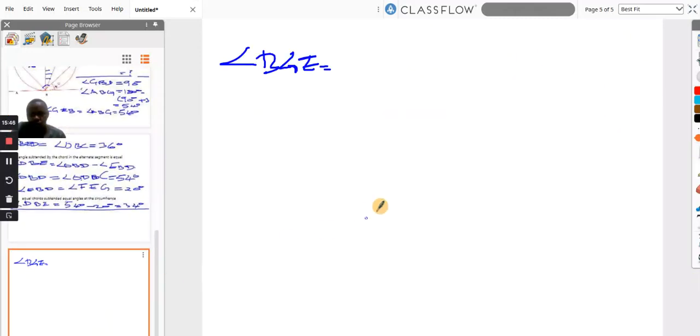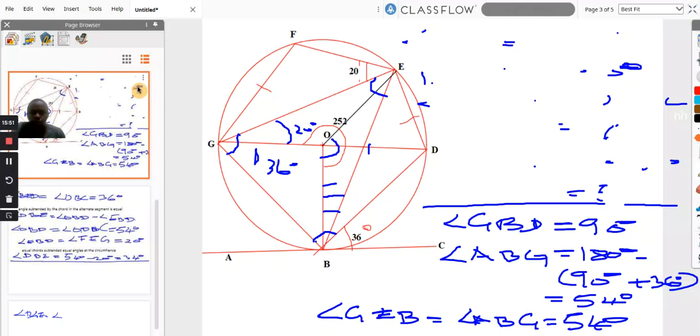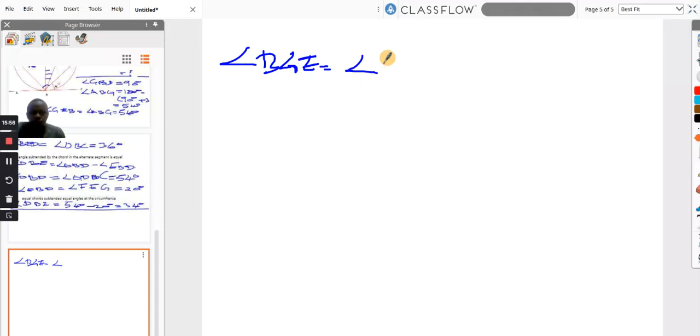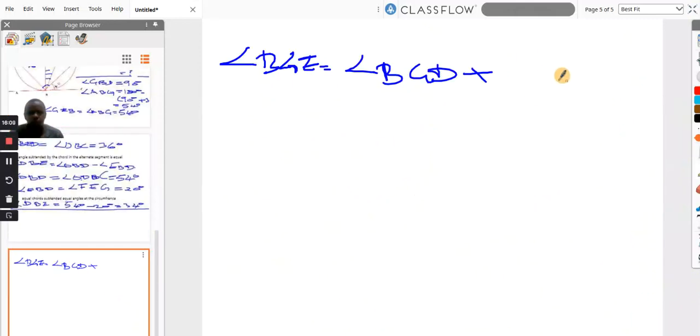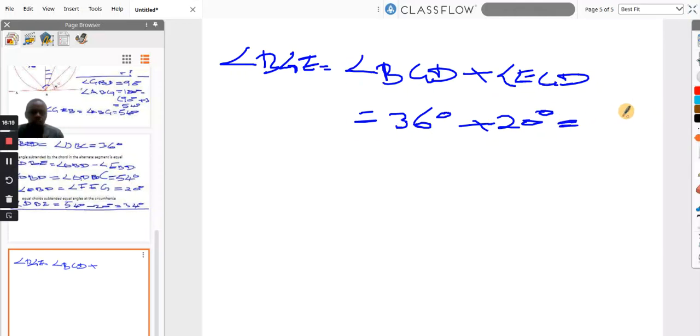That is angle BGD plus angle EGD. So this will be 36 degrees plus 20 degrees, which is equal to 56 degrees.